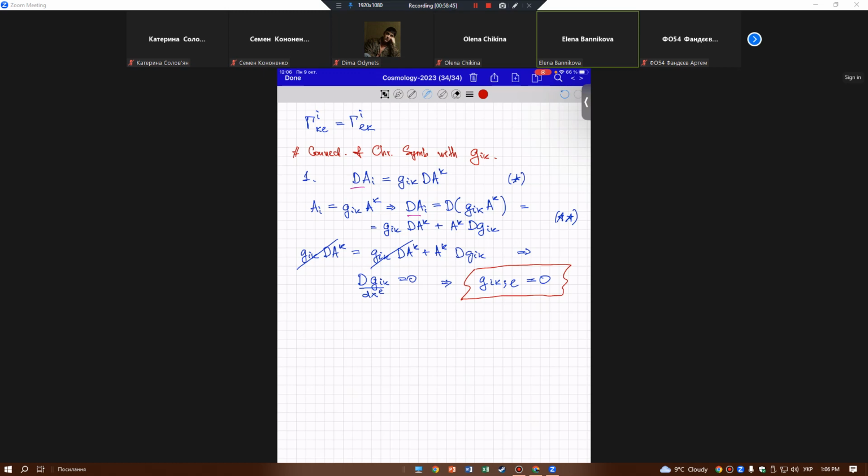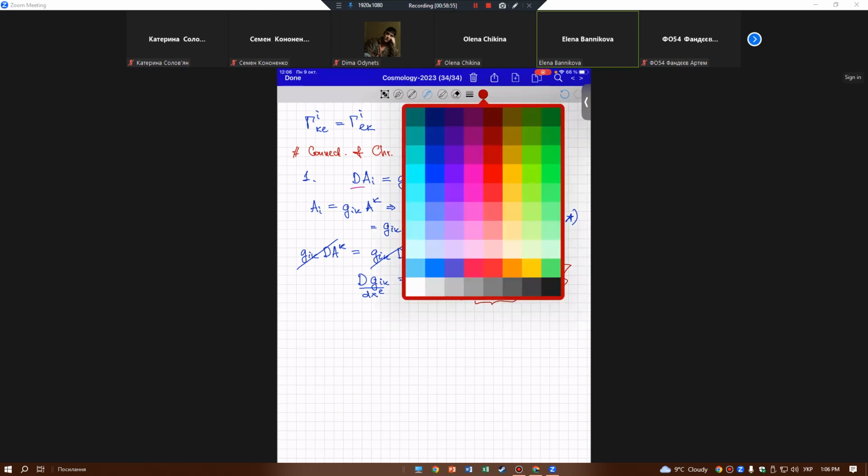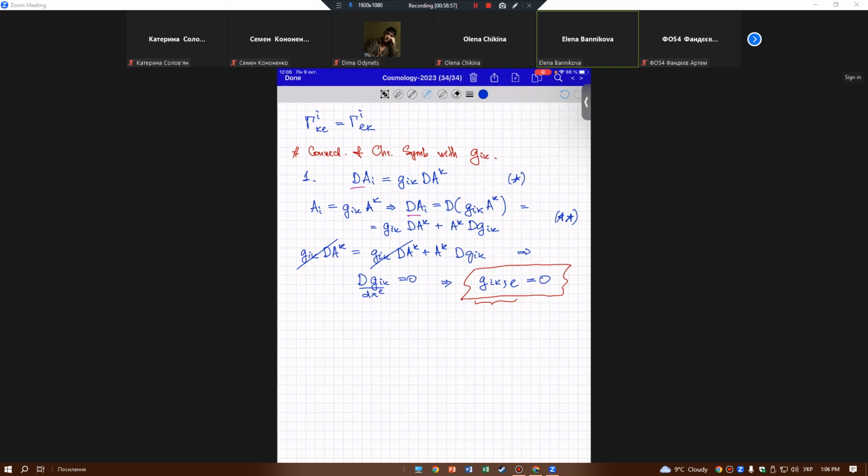Okay, now look, I will remind you what the covariant derivative of a tensor of the second rank is. We just wrote it before, and it will be useful for us, so I will put it here. If I have some tensor of the second rank covariant, I apply the covariant derivative.